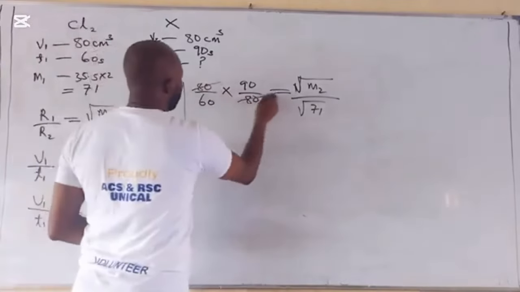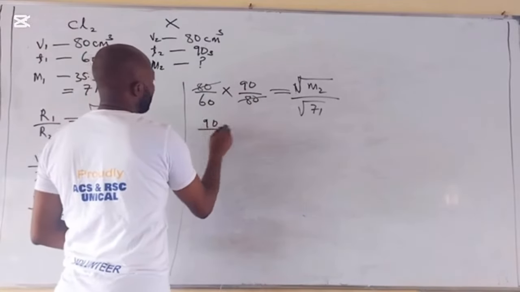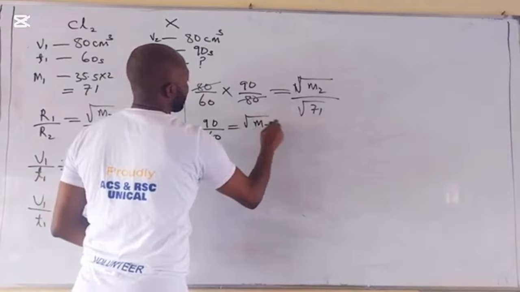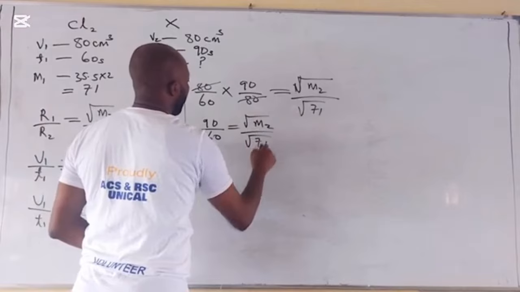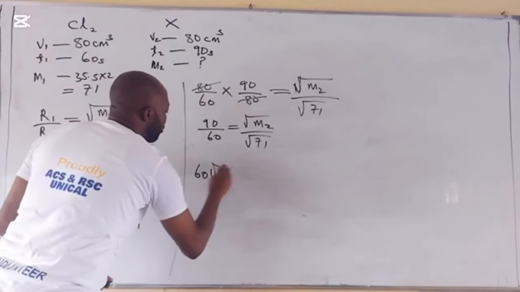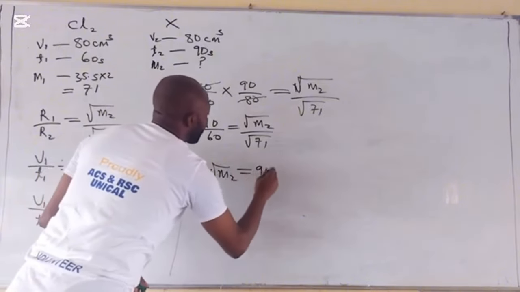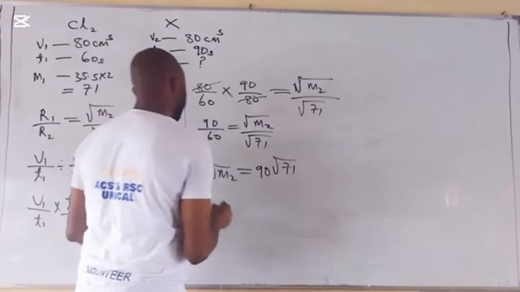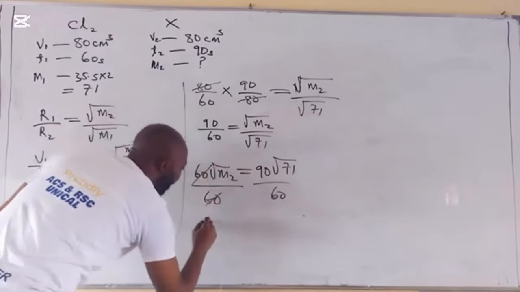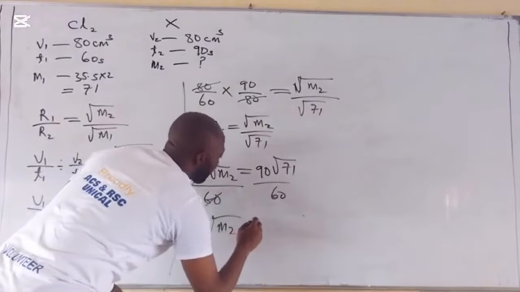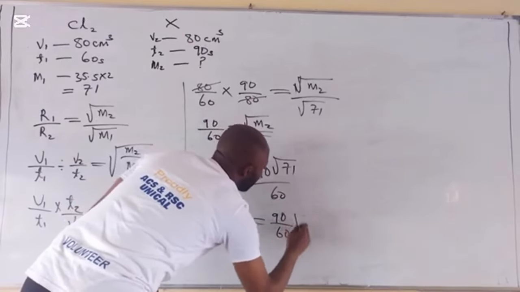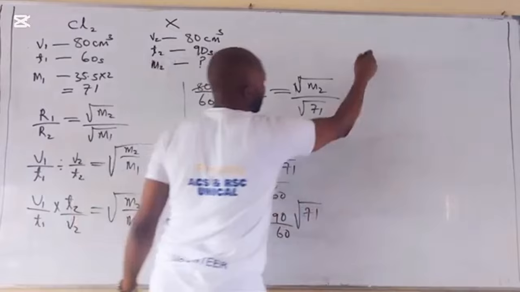This will go with this, so we have 90 over 60 is equal to the root of M2 over the root of 71. I want to make this the subject, so I have 60 root M2 is equal to 90 root 71. I divide both sides by 60, so I have root M2 is equal to 90 over 60 root 71.